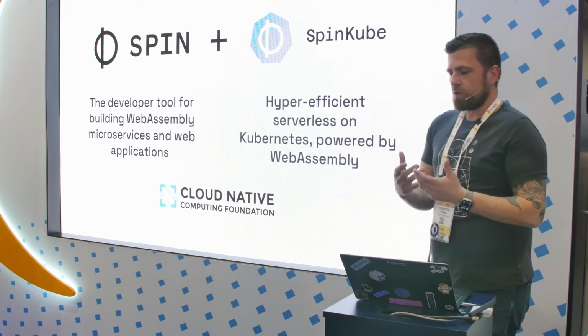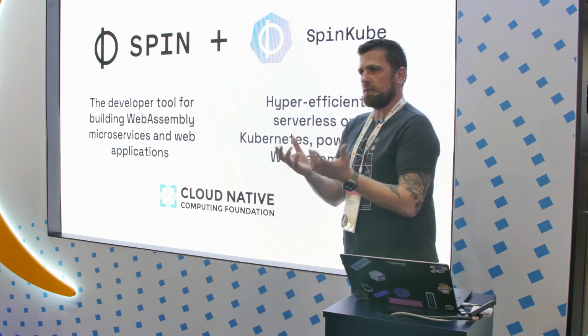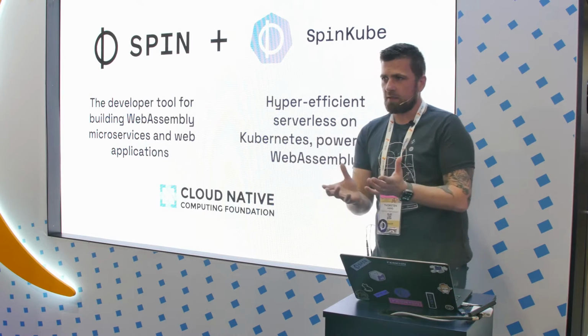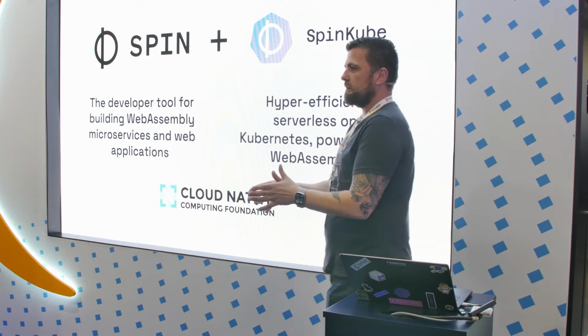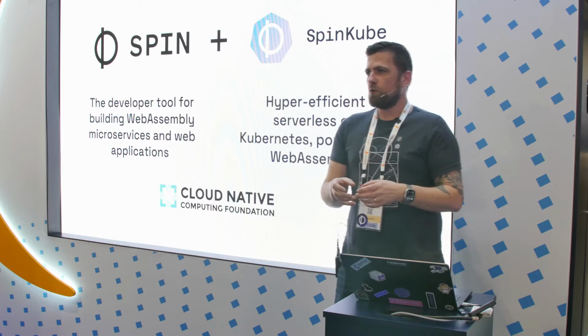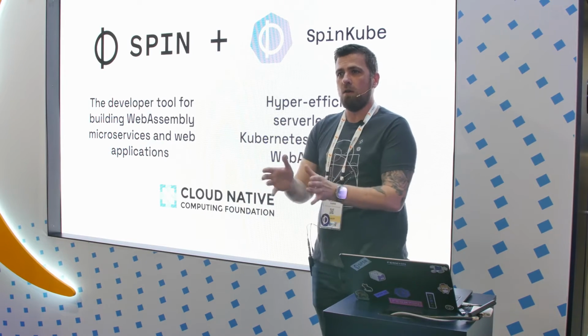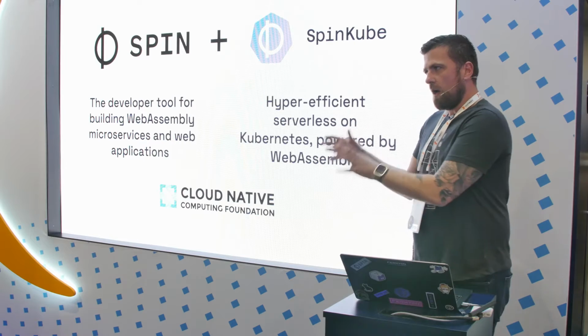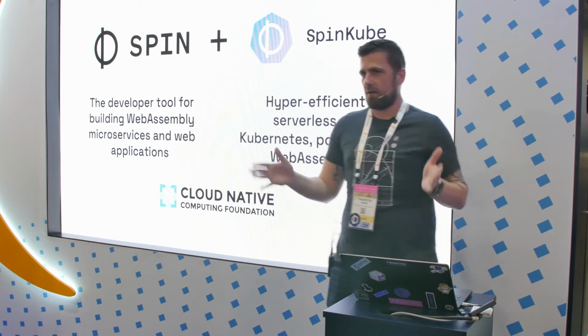In contrast to traditional containers, with SpinKube, we don't leverage containers as an execution mechanism. Instead, we have a different container shim implementation to spawn every application as a subprocess on one or on multiple of your worker nodes. And this allows us to run with a way higher density.